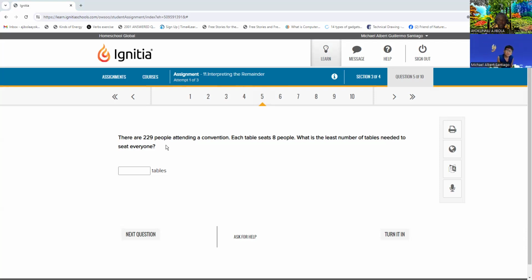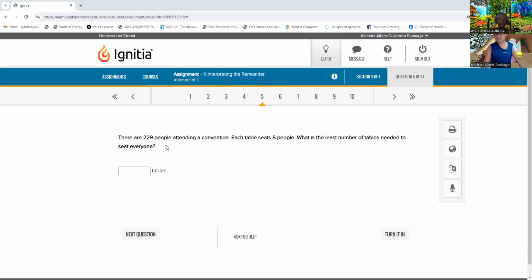So 229 divided by 8, we have 28 tables, fine. But we want to find out the remainder. So if we multiply 28 by 8, that's going to give us 224.